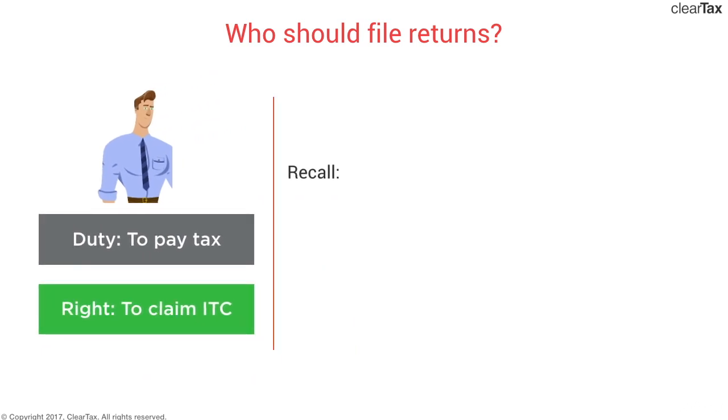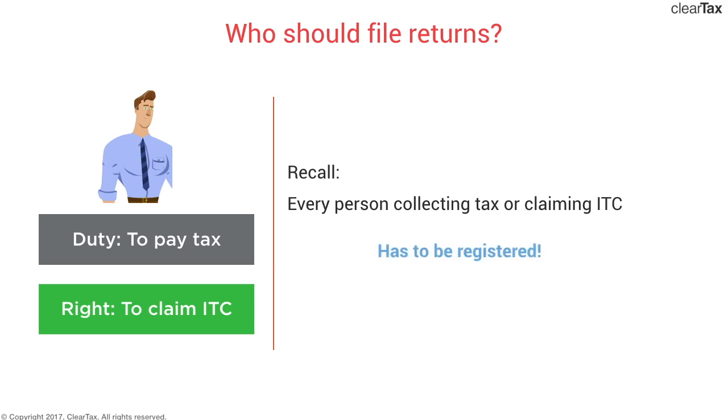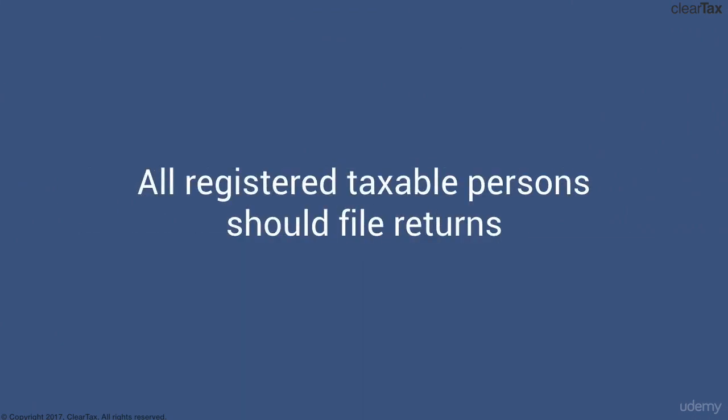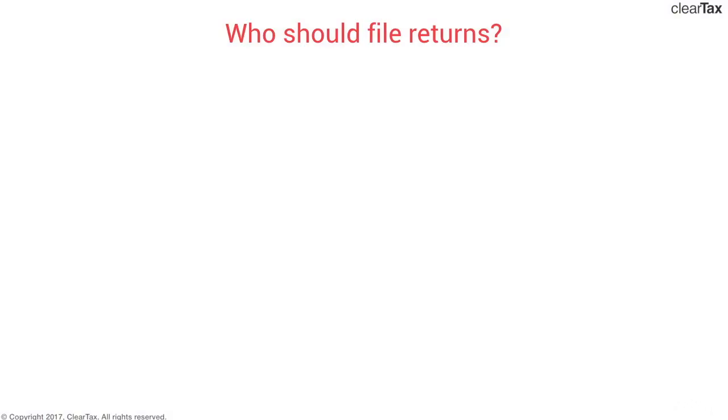We've gone through the provisions relating to registration in detail in Module 4, and we've seen that every person who collects tax or claims input tax credit has to be a registered taxable person, and therefore all registered taxable persons are required to file returns, mandatorily required.